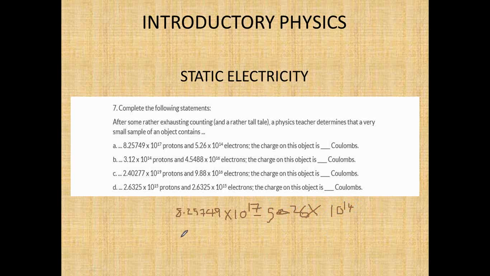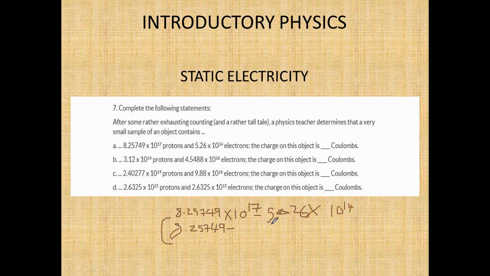So this would be 8.257749. Let's put that in a bracket, and then you subtract from that.